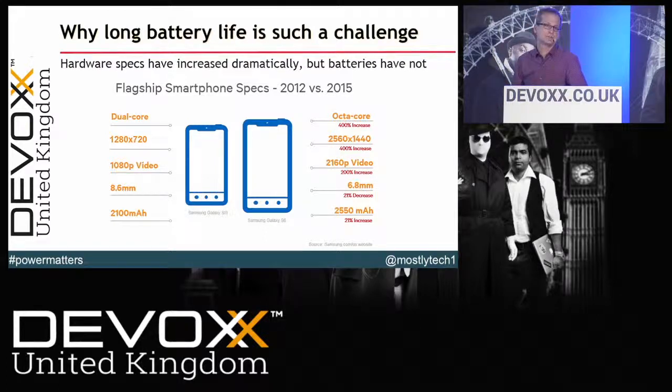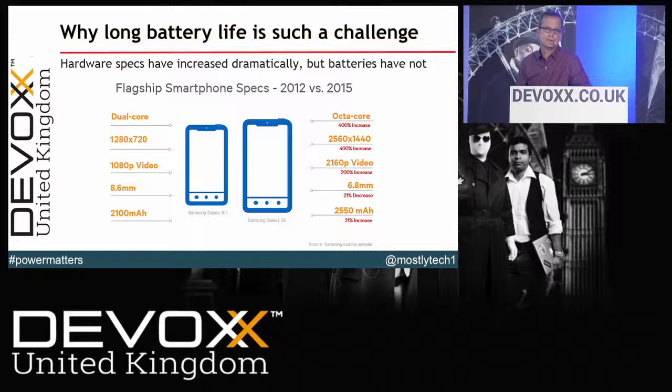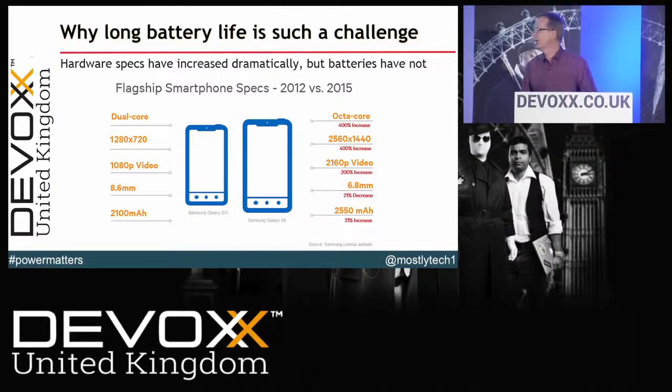Now, a lot of them are 2.5K panels. 3 years ago, 720 or 1080 video was state-of-the-art. Now there's a lot of devices that do 4K video. And of course, during the same time, we've seen devices getting thinner and thinner and thinner, which leaves less room for a battery. And we've seen absolutely no significant changes in battery technology over the last 3 years.